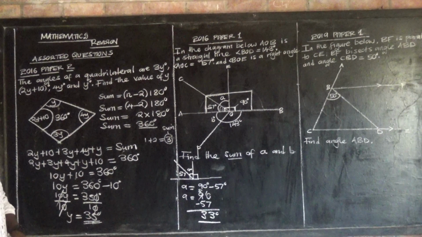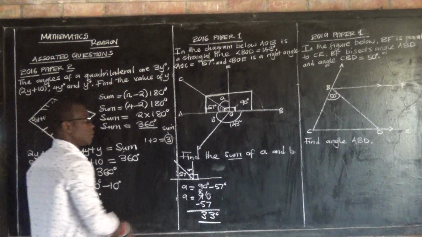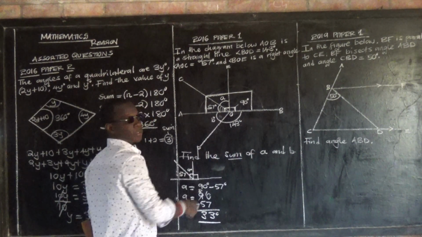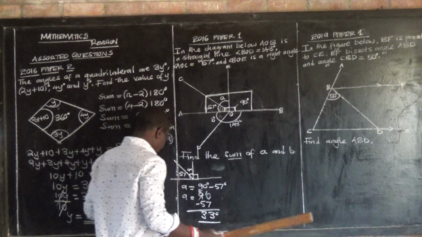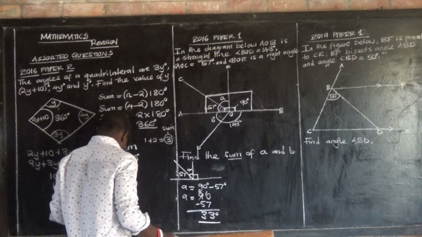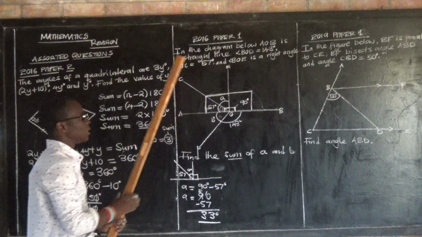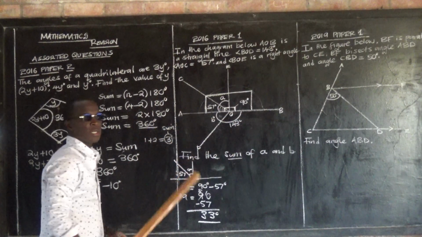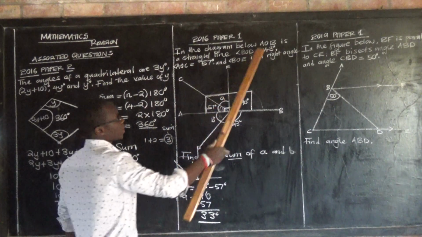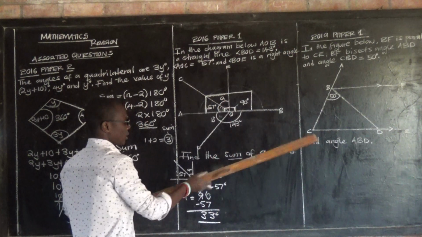So let's now find B. This is B. We know that angles formed on a straight line add up to 180. You can bear with me, say AOB is a straight line, and you have been told AOB is a straight line.